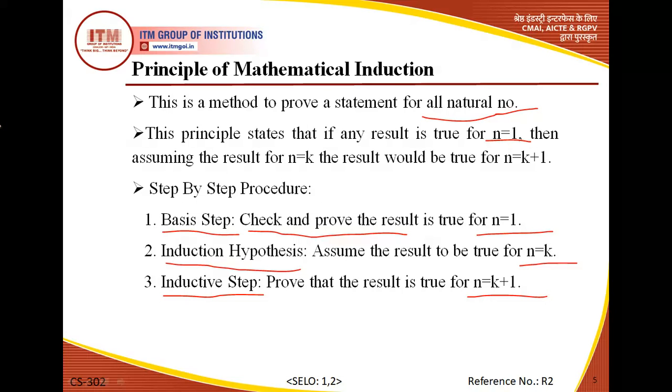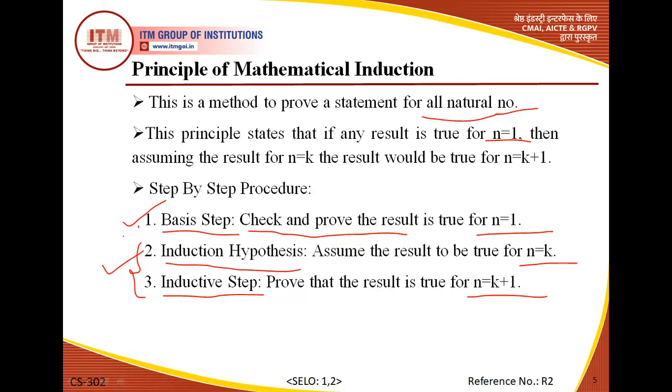Okay, now please see this. We basically have two steps. This is the first step, which is the basis step, and the second step is the collection of both of these steps, which is the induction step. Okay, so there are books, or there are certain authors that take into account only two steps.